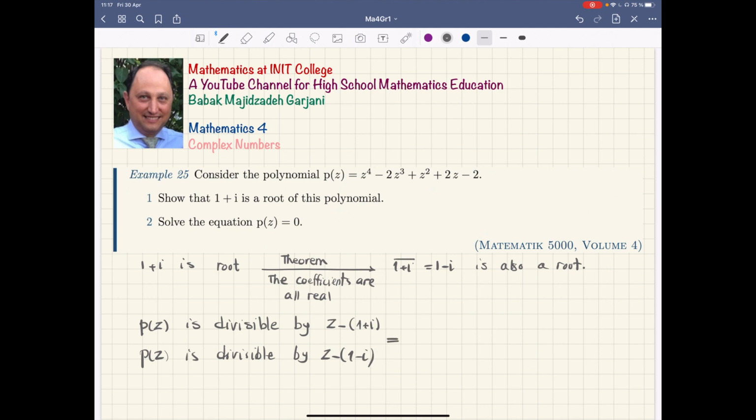So this means that P of z is divisible by the product z minus 1 plus i times z minus 1 minus i.